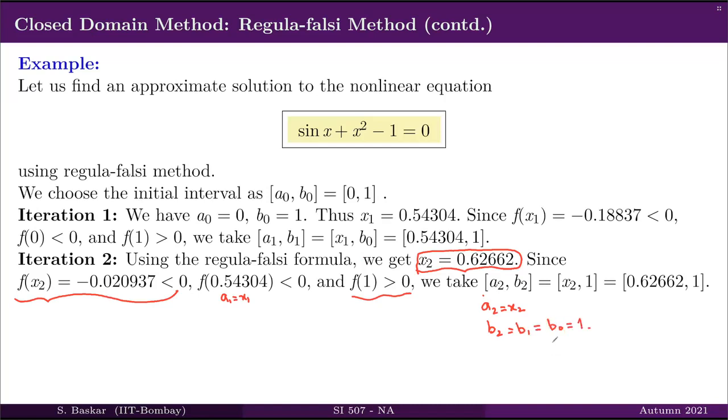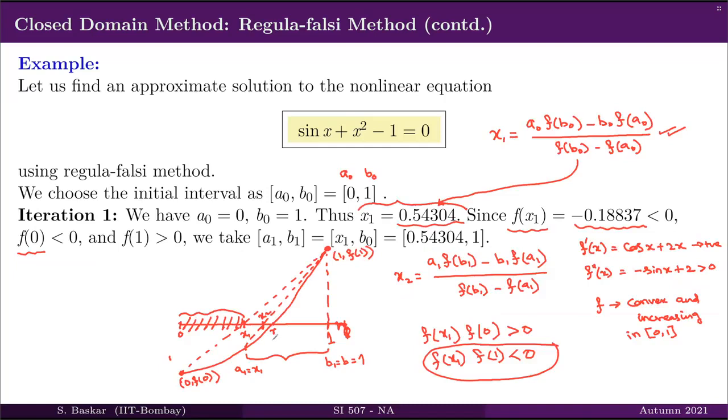In that way, you can see that at every step, the interval length will shrink, but it will not tend to 0, right? Because this part is always untouched in the iterations, and therefore, unlike bisection method, in Regula-Falsi method, you generally cannot expect the interval length to shrink to 0, okay?